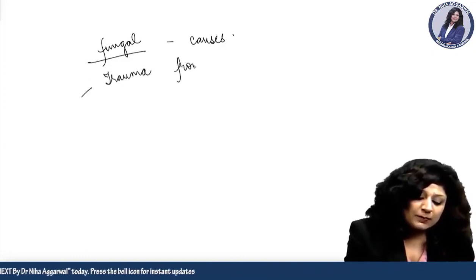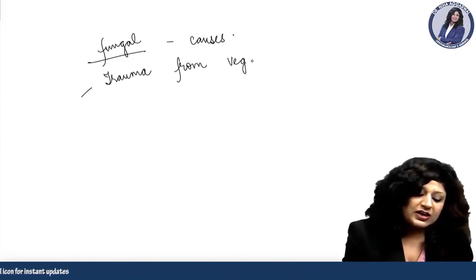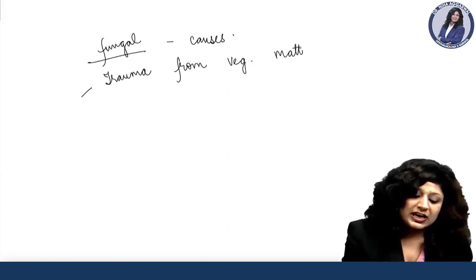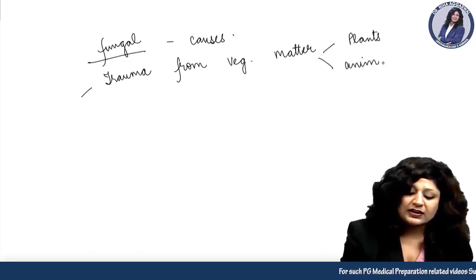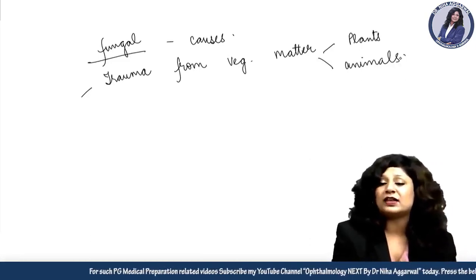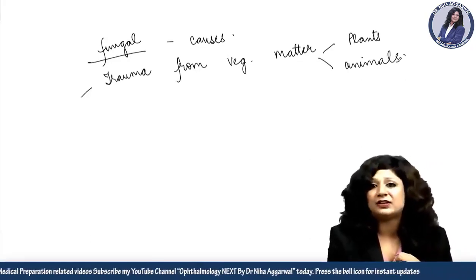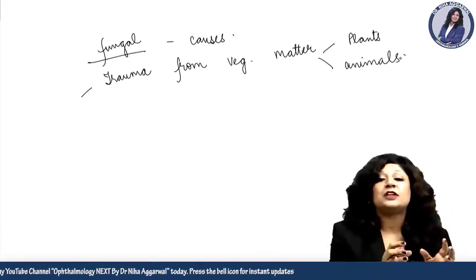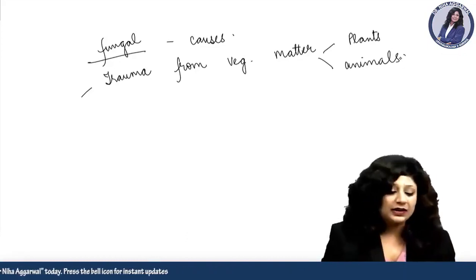Whenever there is trauma from vegetative matter, it can be plants or it can be animals. Whenever it is trauma from live material, it can be a root, a stem, a leaf, or an animal tail. Then we think about the fungal corneal ulcer.